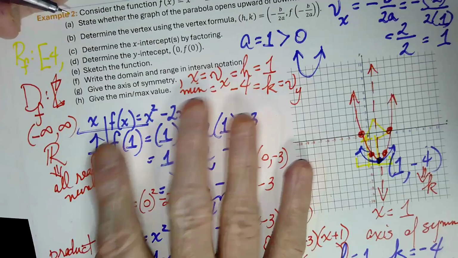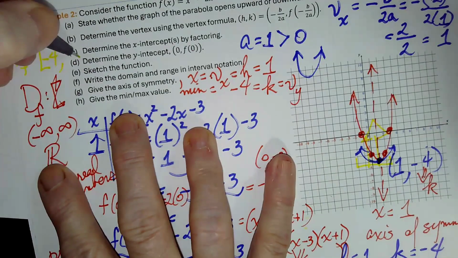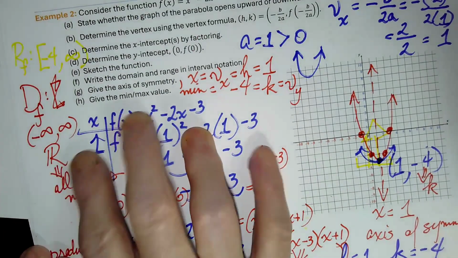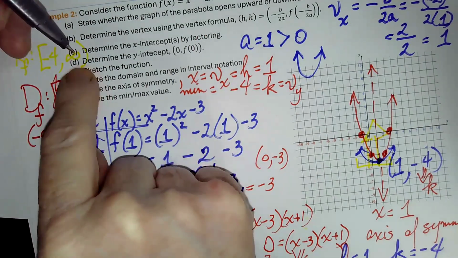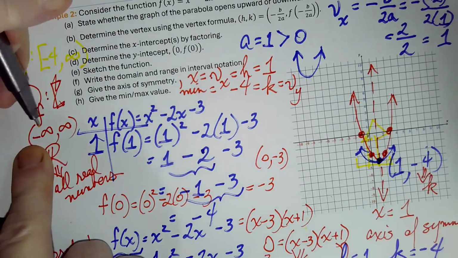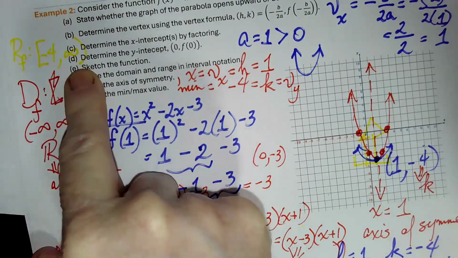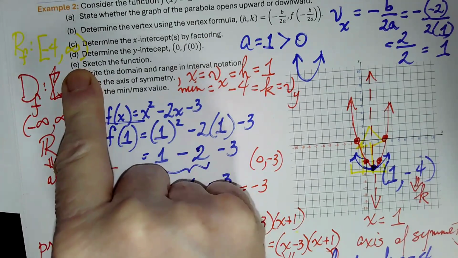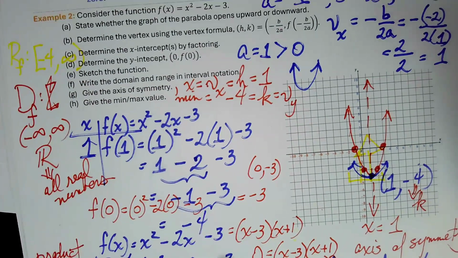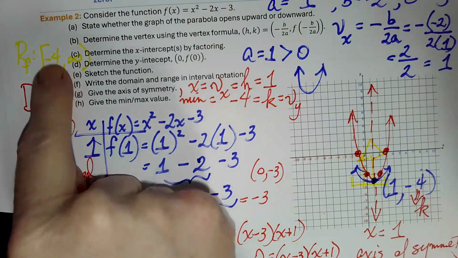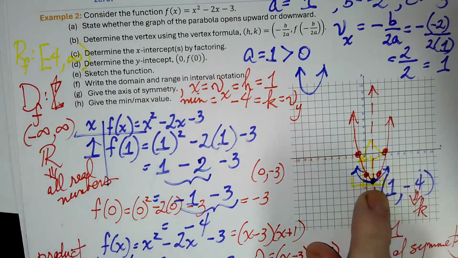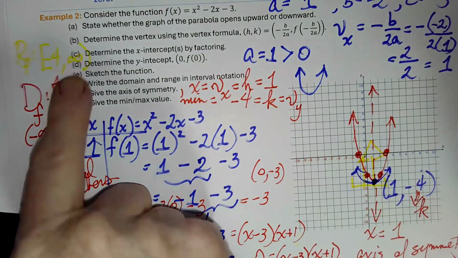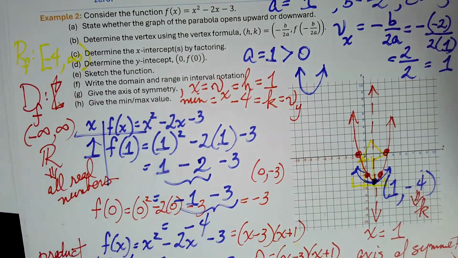There's no highest value, so we go all the way to infinity. And I put a smooth indicator here because we don't ever get to infinity. It isn't a number, it's an idea. We do get all the way to -4 because the graph touches y equals -4. So that's why it's squared off there.